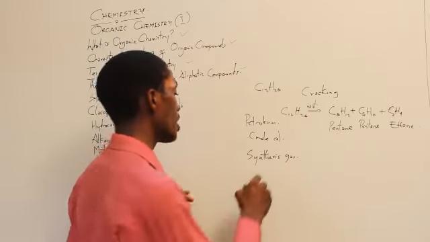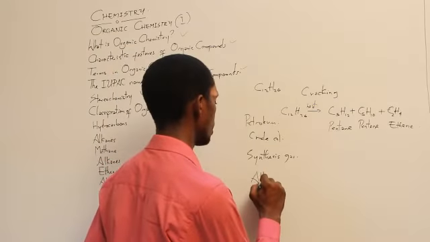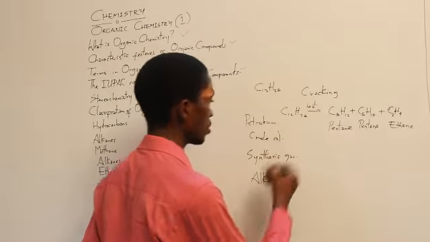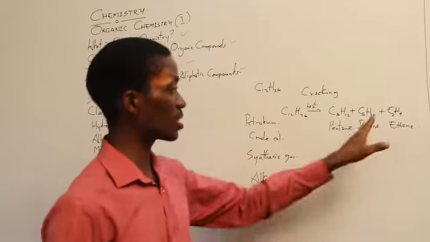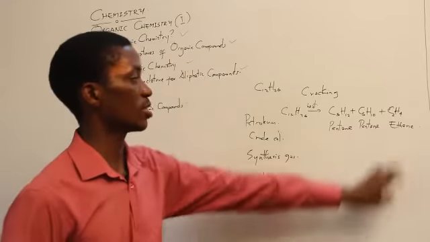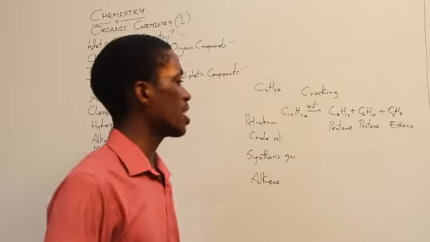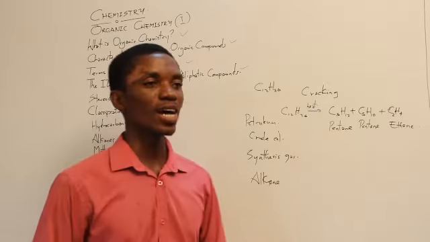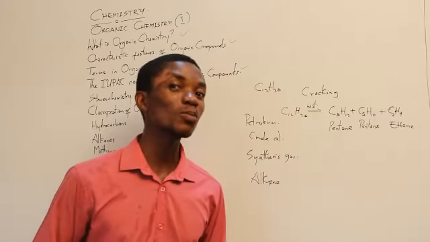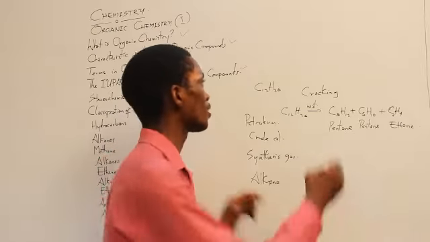Okay, we also have the alkenes. If you look at it, there's the ethene. There will always be a member of the family there, just like the name sounds. I don't know if you have noticed, there is something called a polythene bag.